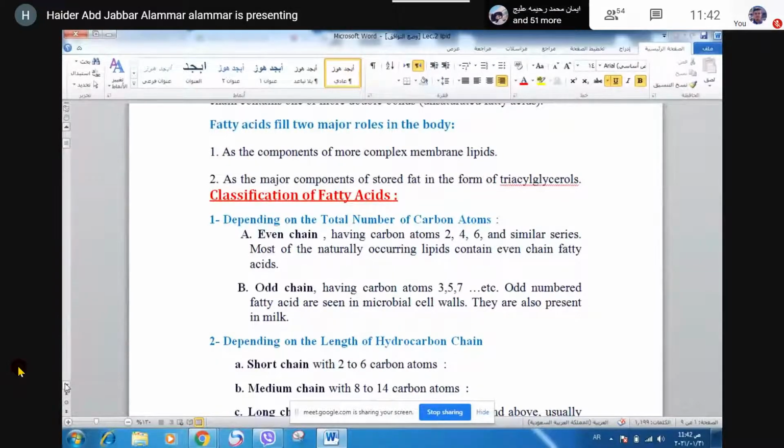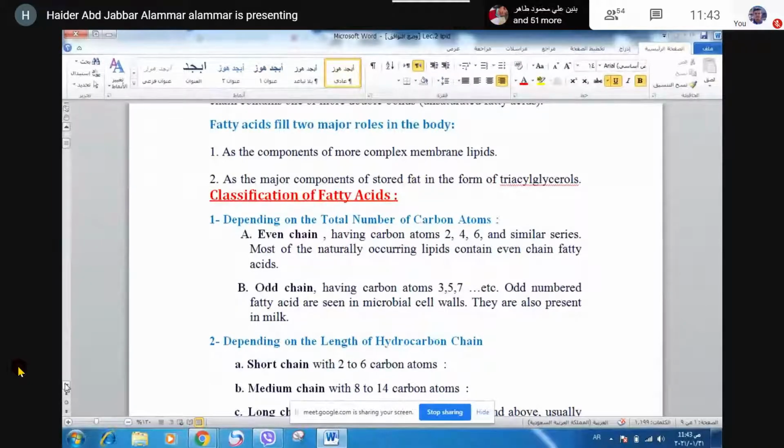The other type is the odd chain fatty acid, having carbon atoms 3, 5, 7, 9, 11, 13, etc. Odd number fatty acids are seen in microbial cell walls and may be present in milk.